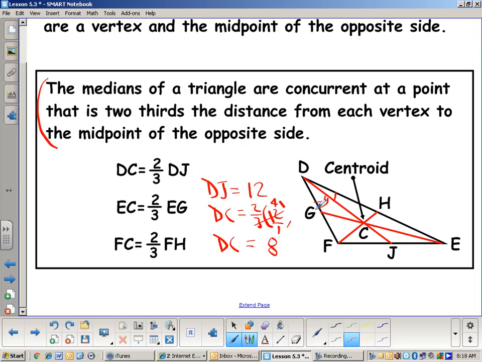If I had a special triangle, like an isosceles triangle, then one of them would be an angle bisector. If I had an equilateral triangle, then all 3 of them would be angle bisectors, but not in this case. Okay?